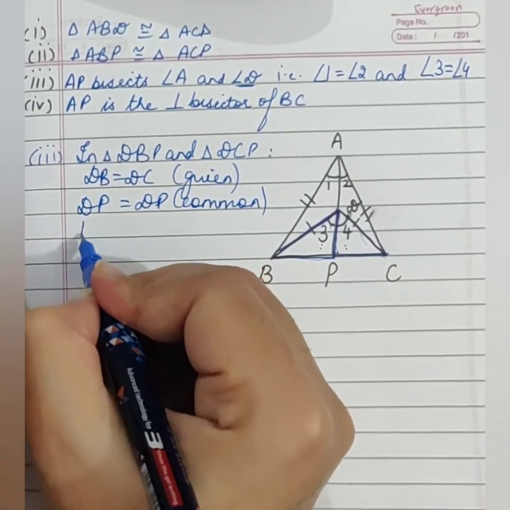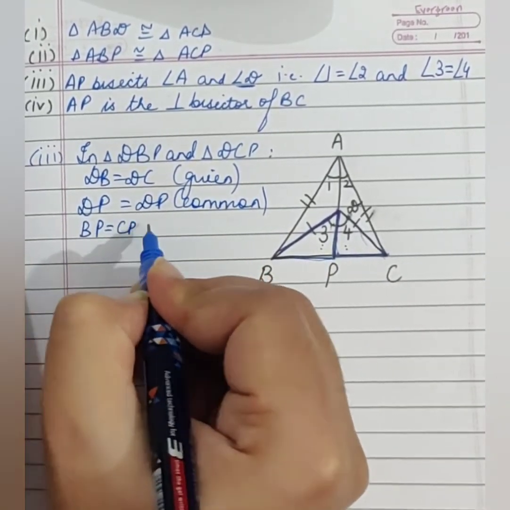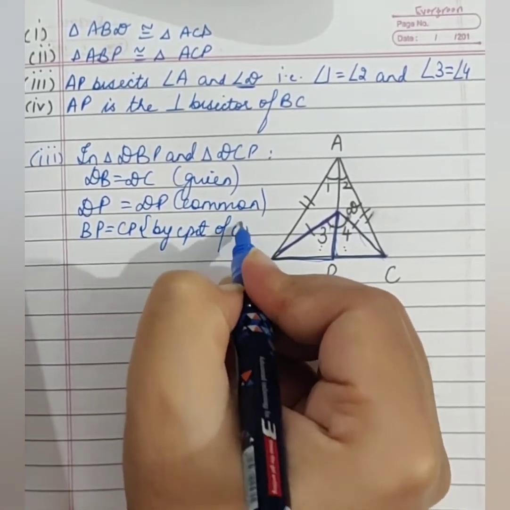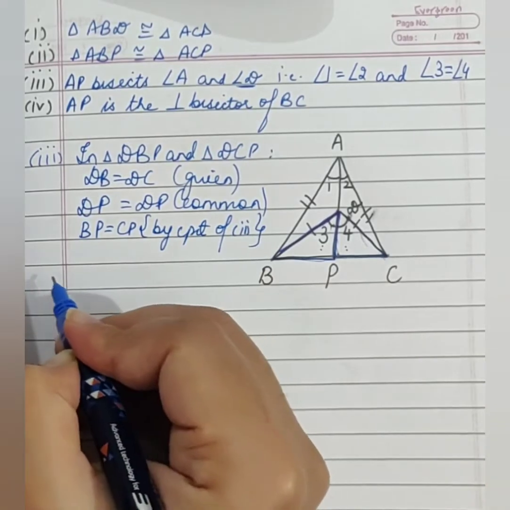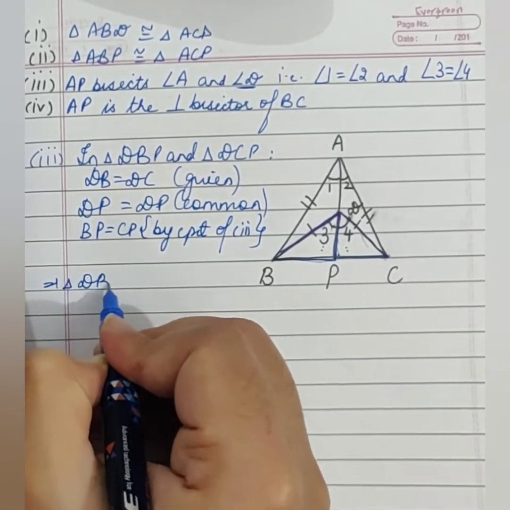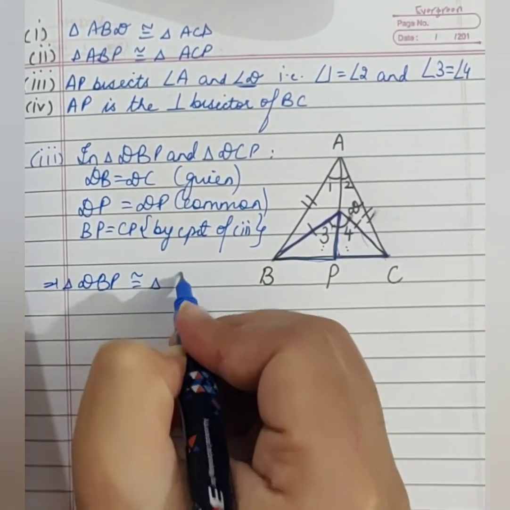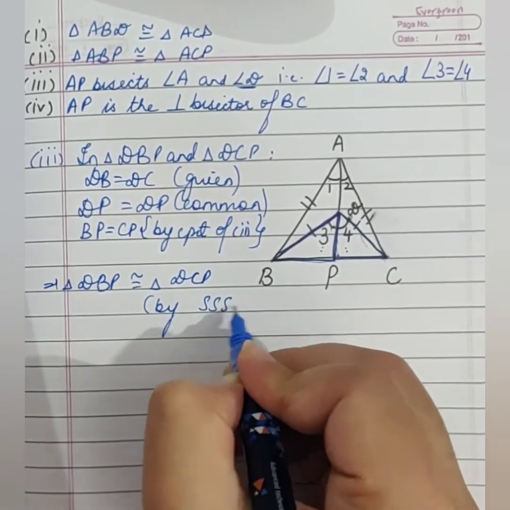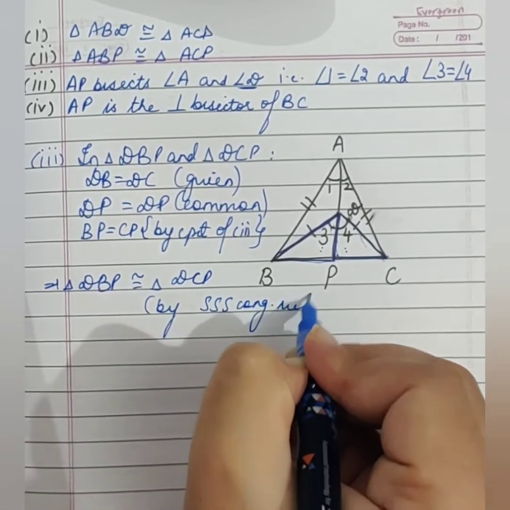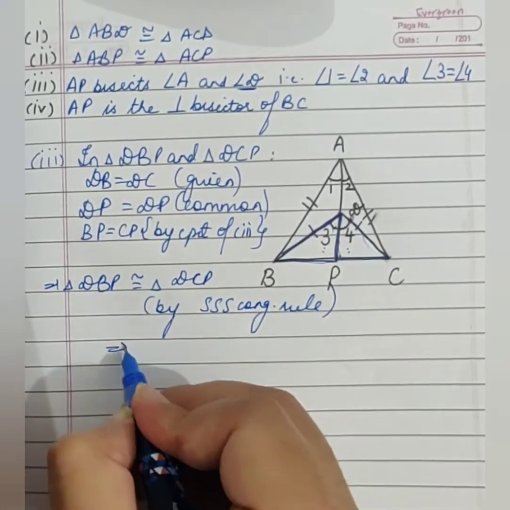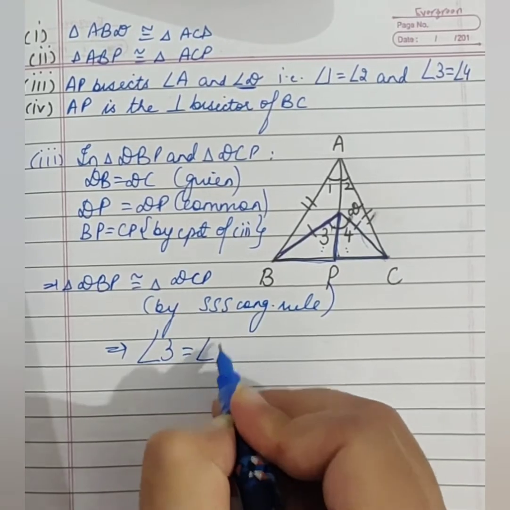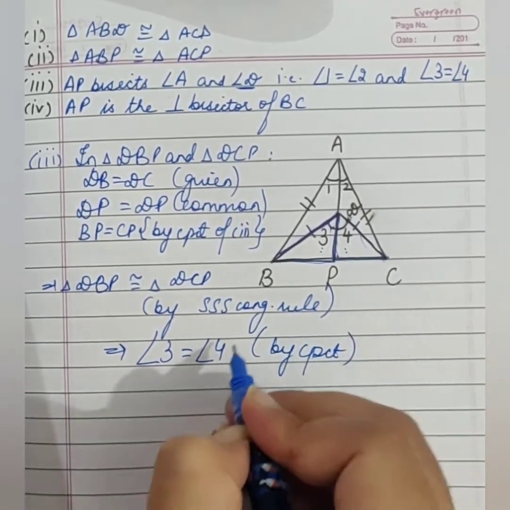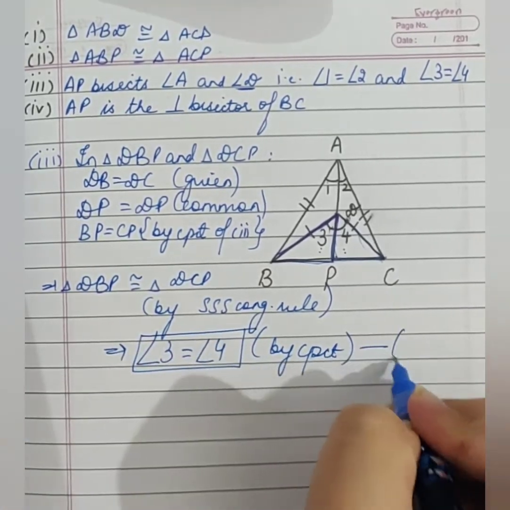And the third condition is BP is equal to CP. This is by CPCT of second part. It implies triangle DBP is congruent to triangle DCP by SSS congruence rule. And if these two triangles are congruent, definitely angle 3 would be equal to angle 4 by CPCT. Let's name it as equation A.